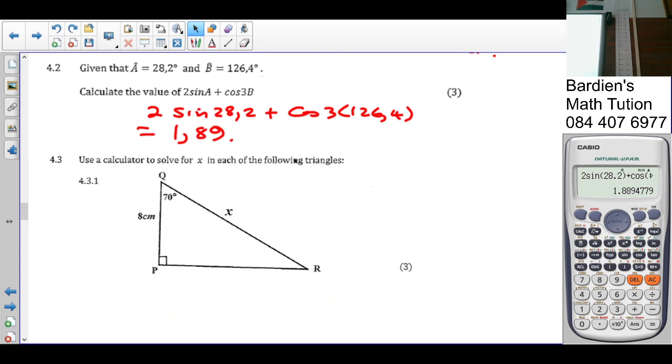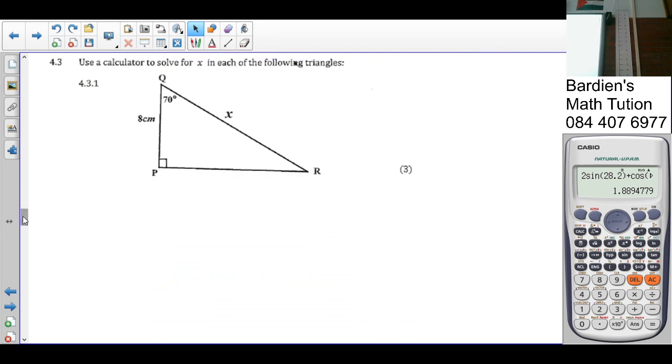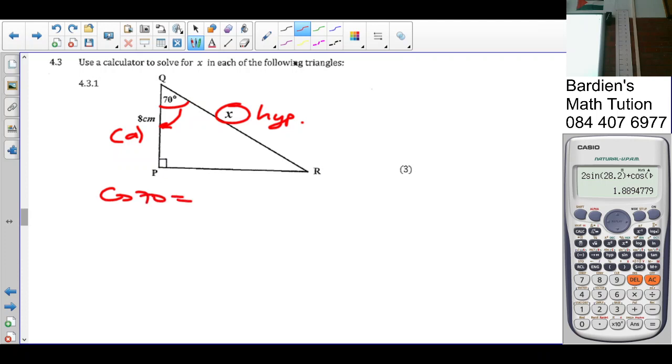4.3. Use a calculator to solve x in each of the following triangles. If you look here, here's your angle. What is this relative to that angle? It is your adjacent. What is this? Hypotenuse. So which trigonometric function is adjacent and hypotenuse? Cos. So it will be cos 70 equals 8 over x. Naturally over 1, cross multiply.